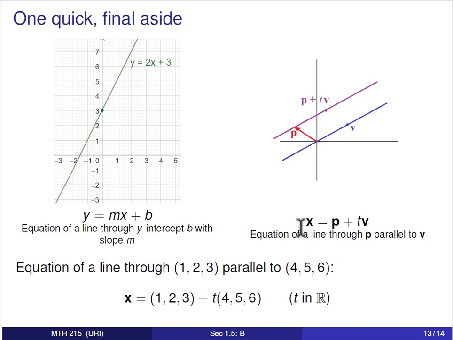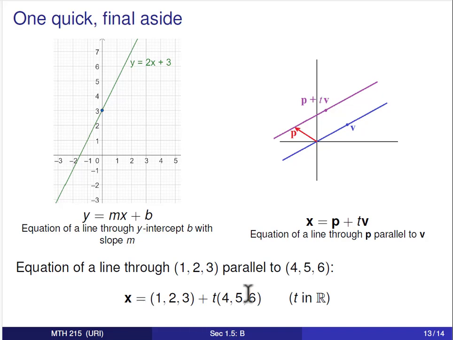The answer is going to be x = (1, 2, 3) + t(4, 5, 6): we take the point we're passing through, and add t, a parameter, times v, the vector we're supposed to be parallel to. So since (4, 5, 6) is the vector we're supposed to be parallel to, adding t times (4, 5, 6) finishes our equation for us.